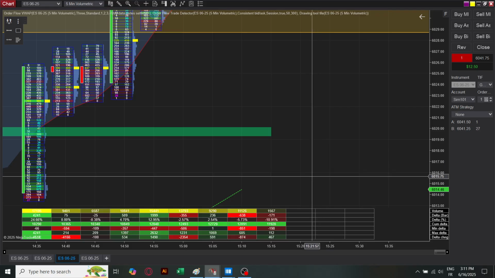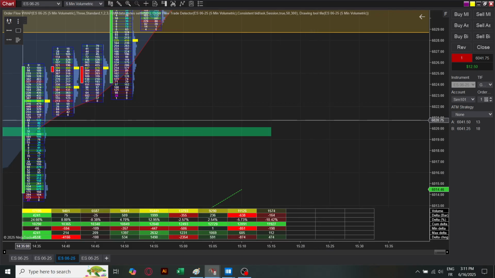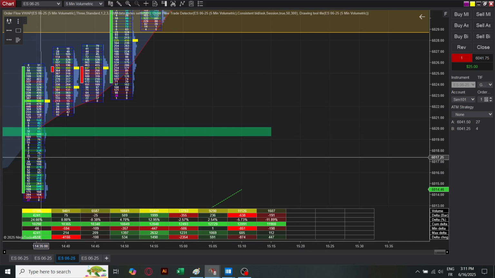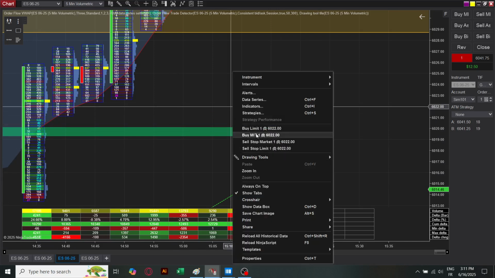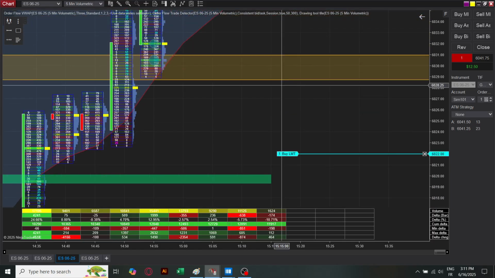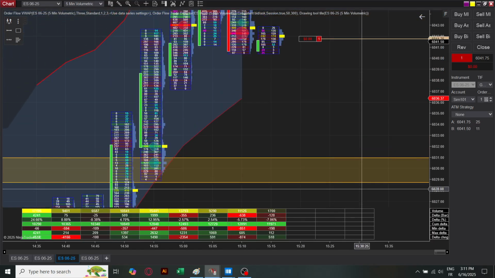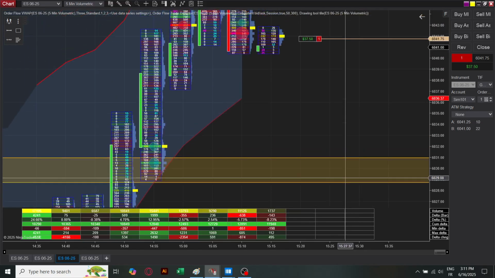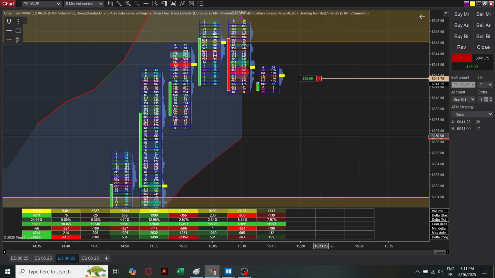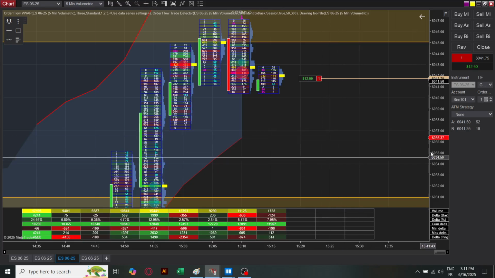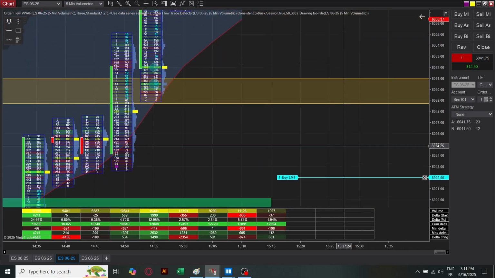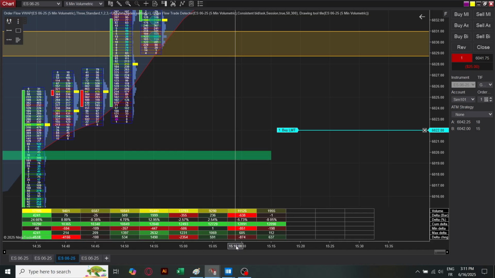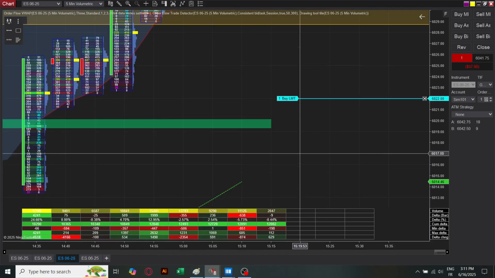Where is the mean? This is a very strong level I need to take care of. Order submitted. How much is this? So 9 points and 20, which is a too risky odds ratio. Okay, it's enough for me. Where is the mean?